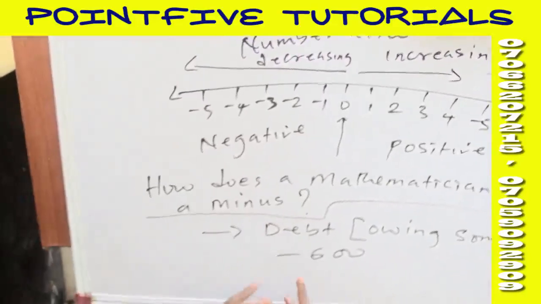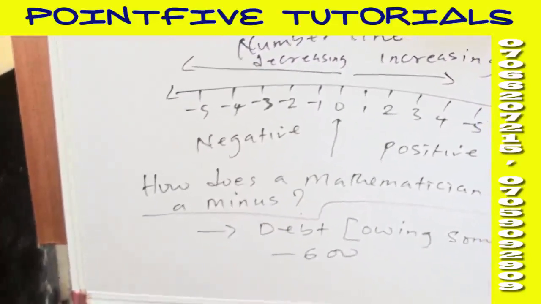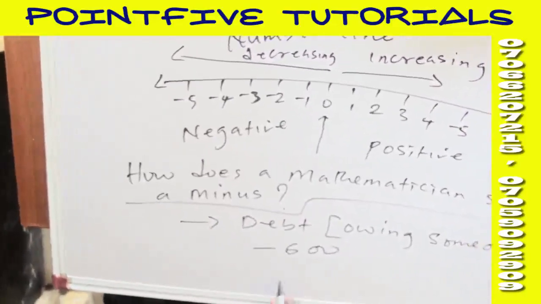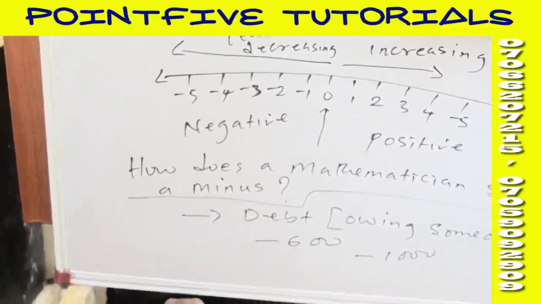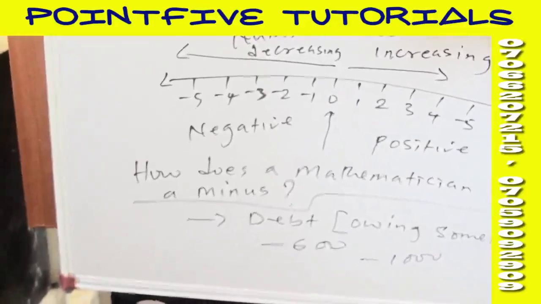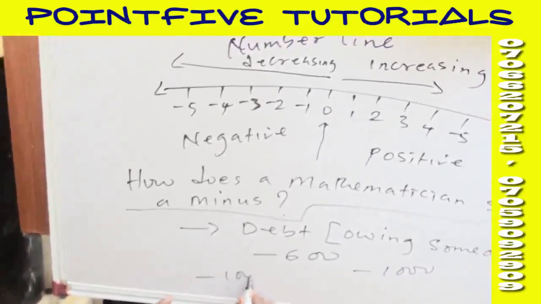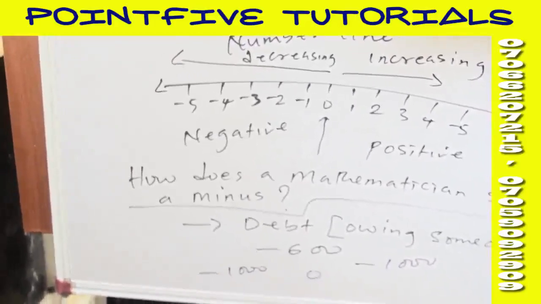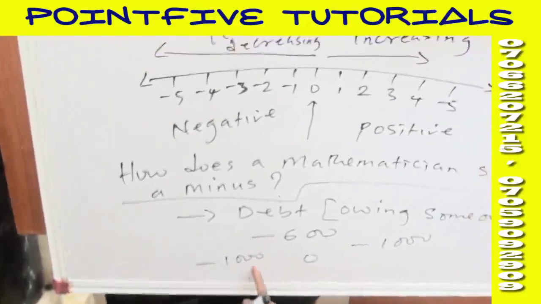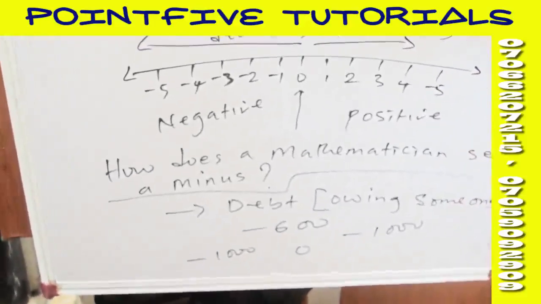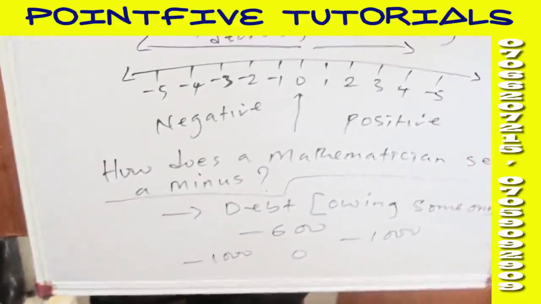Now, this minus 600 simply means that you are owing someone 600. If it's 1,000 you are owing, you put minus, then you write the number, which is 1,000. Now, somebody that has minus 1,000 and somebody that has 0, who is safe? This minus means that you are owing someone 1,000. 0 means you are not owing anybody anything.